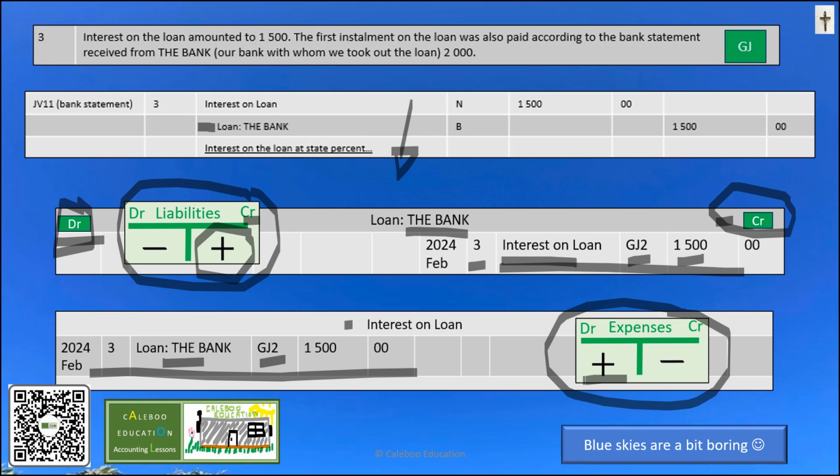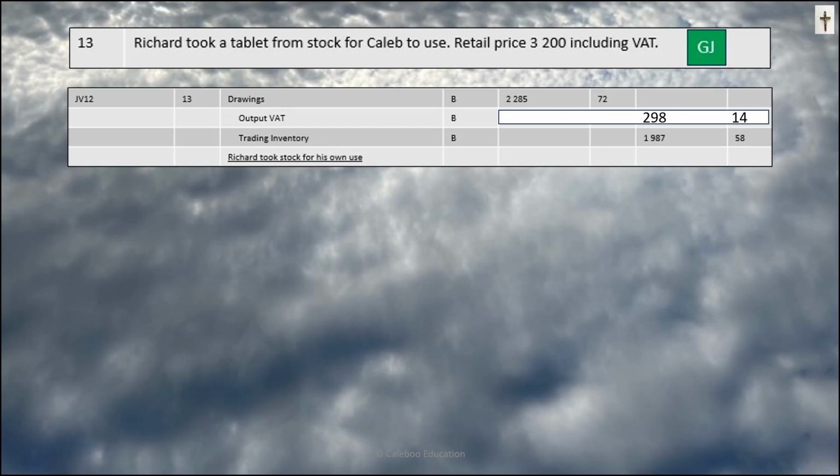We got the information from the general journal and the amount is 1,500. Nice easy transaction when you know how to do it. I'm going to take my time on this transaction because the calculations can be difficult if you don't understand exactly where you are.